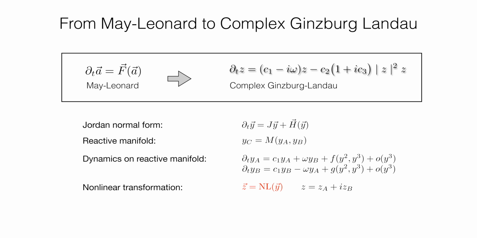The way we did this was to first say, let's write this one here in a Jordan normal form. That means write it in terms of the eigenvector spaces, where J is the Jacobian of the linear behavior close to a fixed point, and H of Y are the nonlinearities.